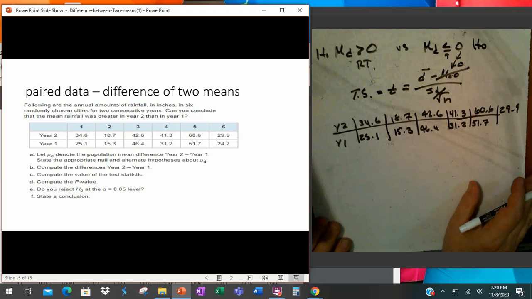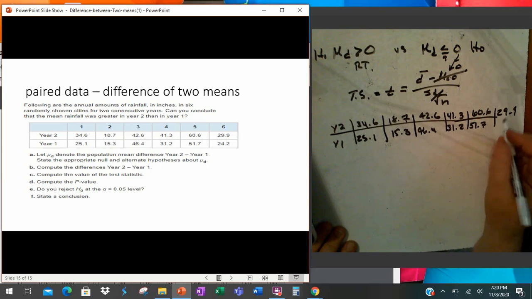It looks like I'm writing uphill, but it's just the board and the camera setup.